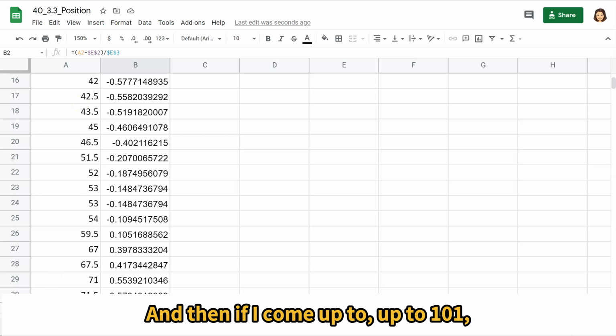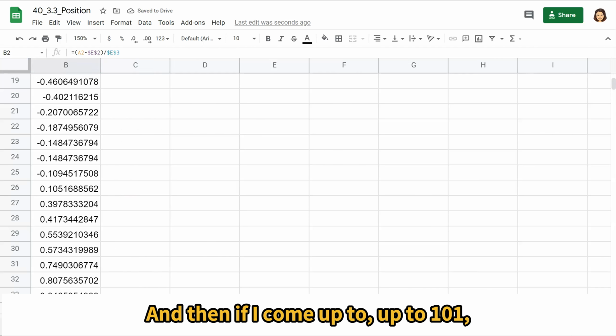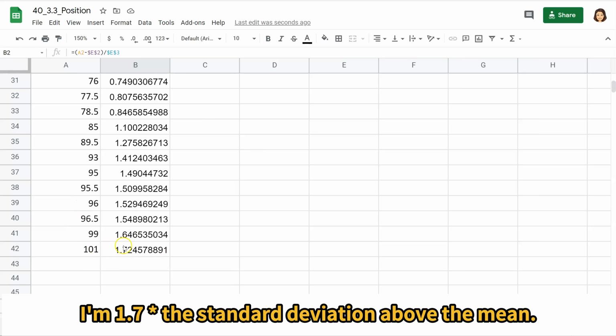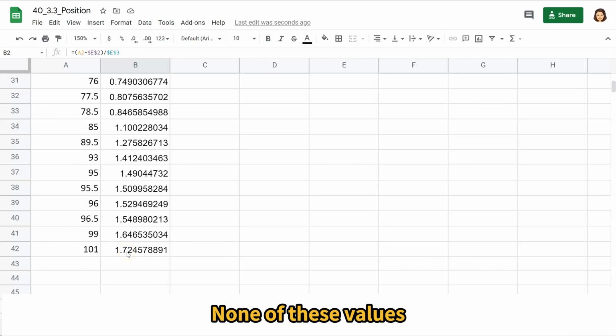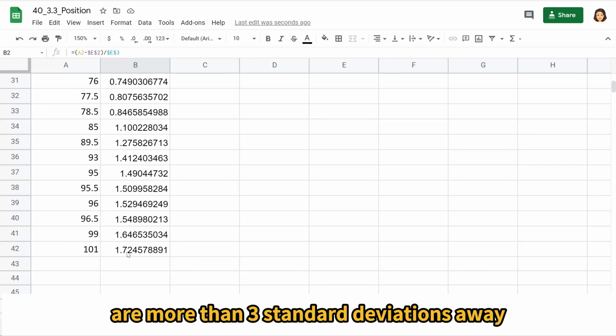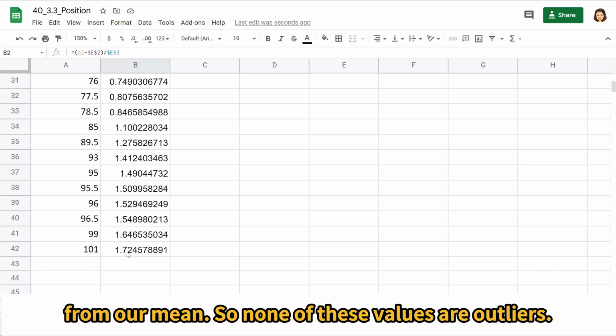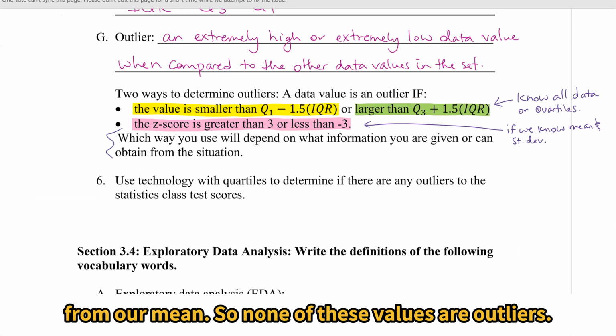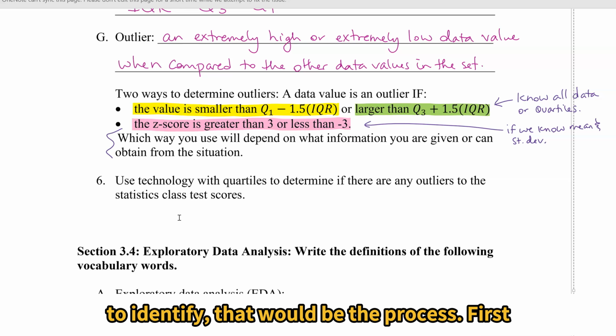And then if I come up to 101, I'm 1.7 times the standard deviation above the mean. None of these values are more than 3 standard deviations away from our mean, so none of these values are outliers. So even though we had no outliers to identify, that would be the process.